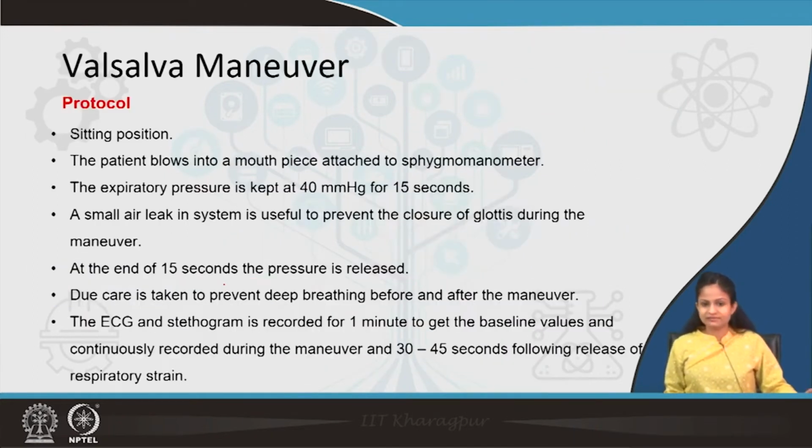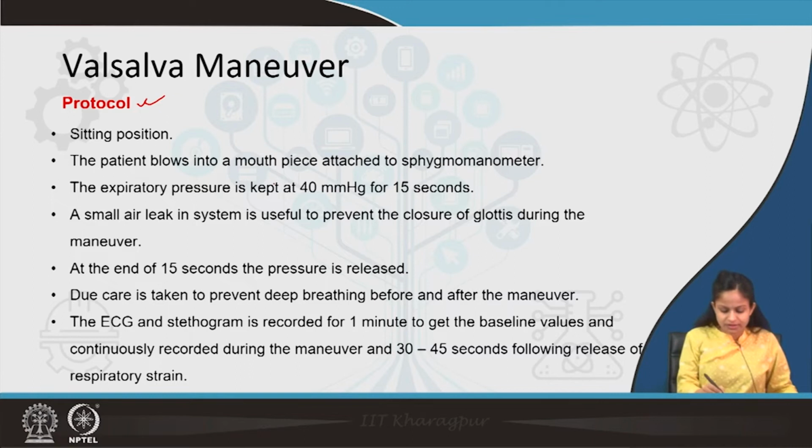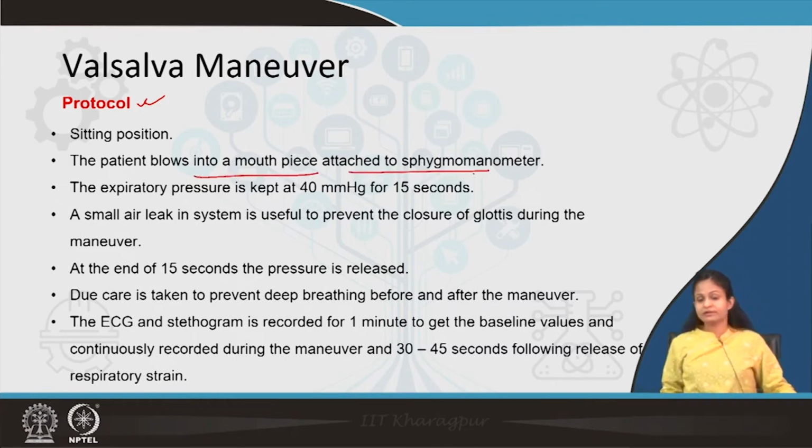Now, coming to the Valsalva manoeuvre, the protocol of this manoeuvre is that it is usually done in a sitting position. The patient is asked to blow into a mouthpiece, that is, forced expiration is done. This mouthpiece is attached to a sphygmomanometer or blood pressure recording apparatus.